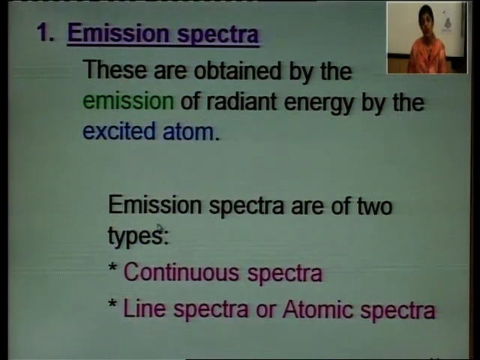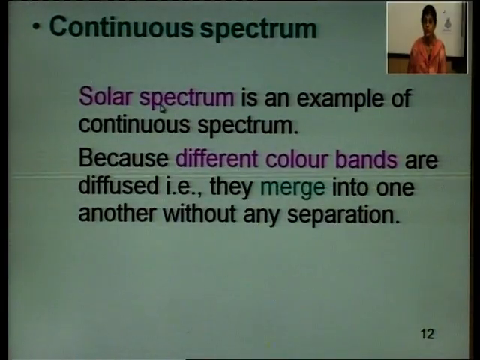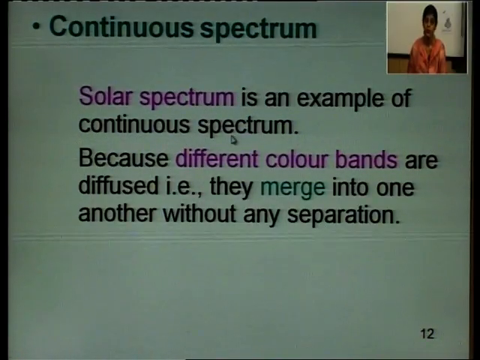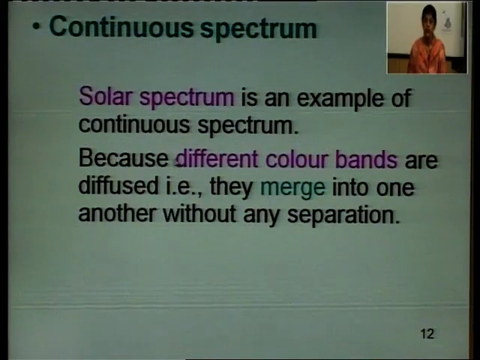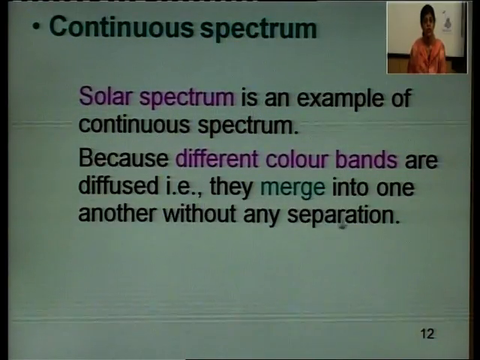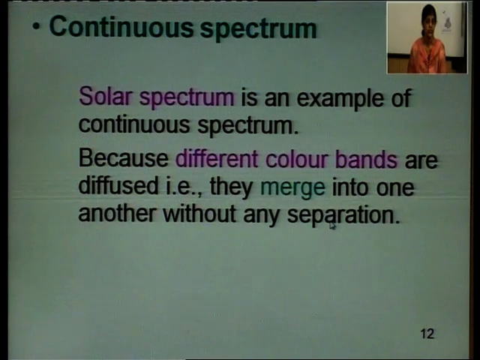Emission spectra are further of two types, continuous spectra or line spectra. Solar spectrum is an example of a continuous spectrum. Even the VIBGYOR, the rainbow that we get, is an example of a continuous spectrum because the different color bands are diffuse, that is they merge into one another without any separation.